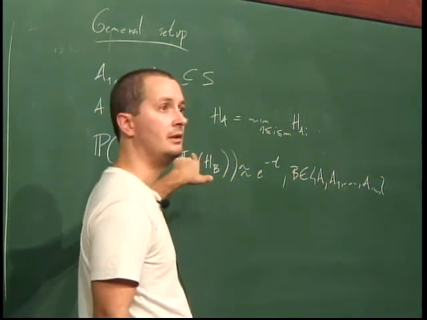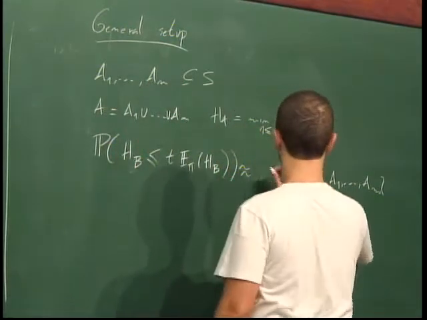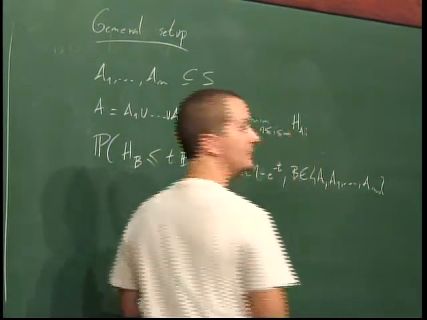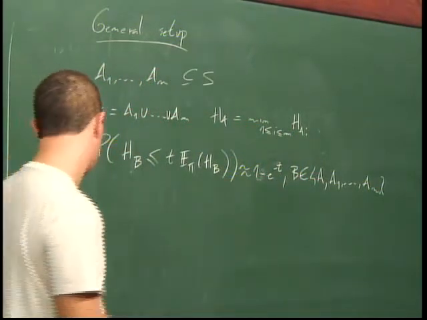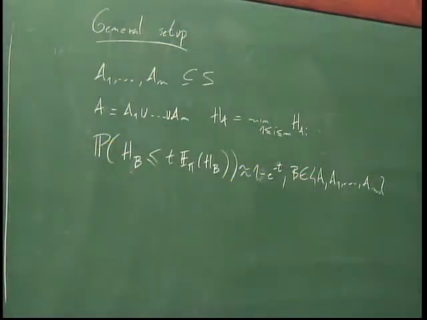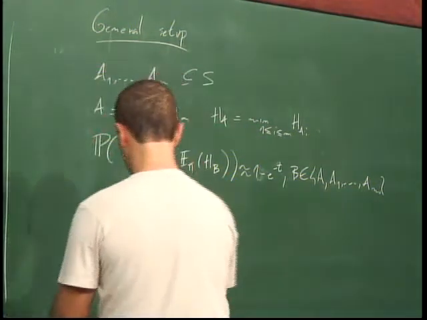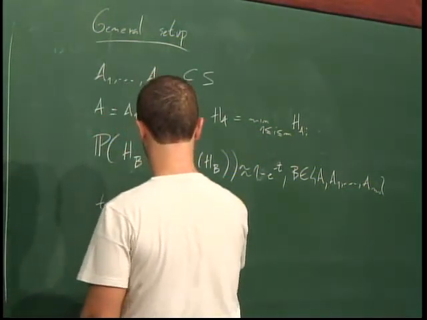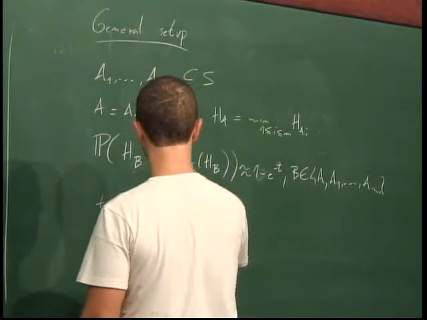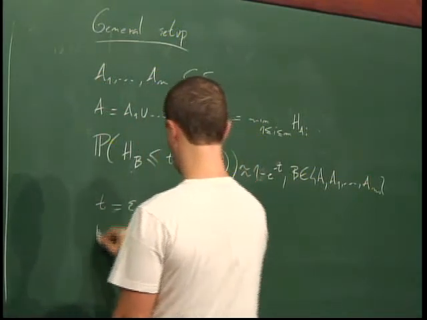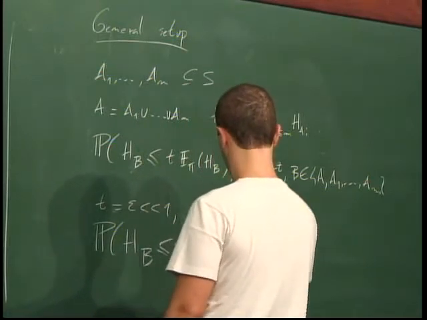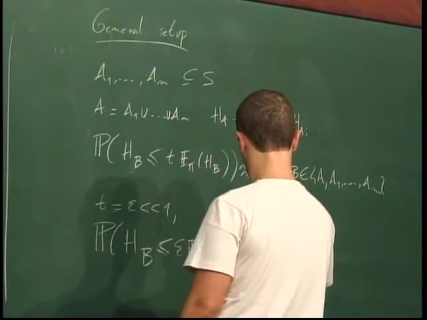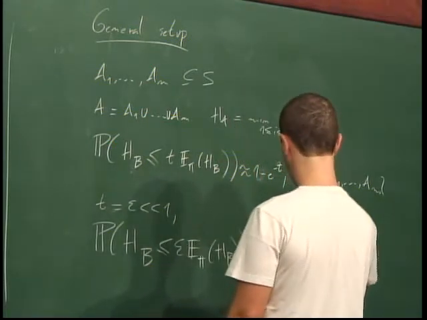Oh, sorry, 1 minus, for each one of these. And here's the key idea: if t is small, let's say t equals epsilon is very small, then the probability of h sub B smaller than epsilon should be about epsilon.